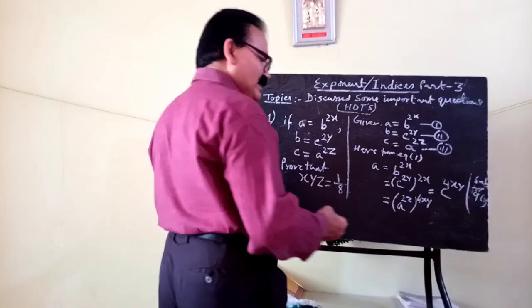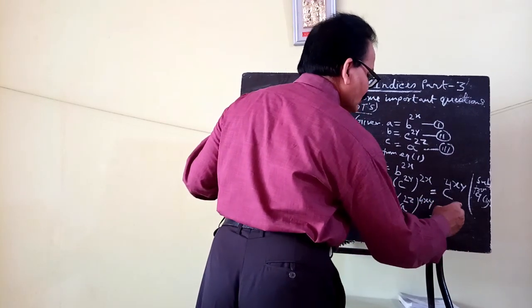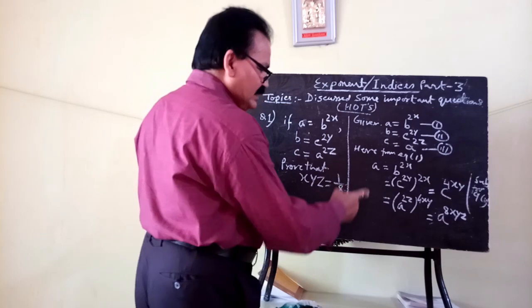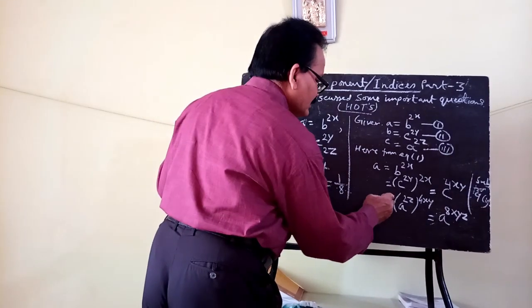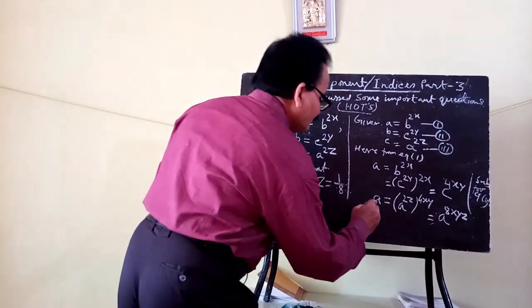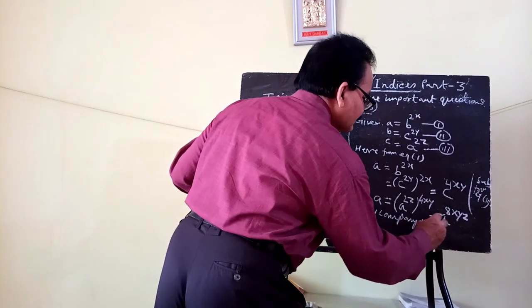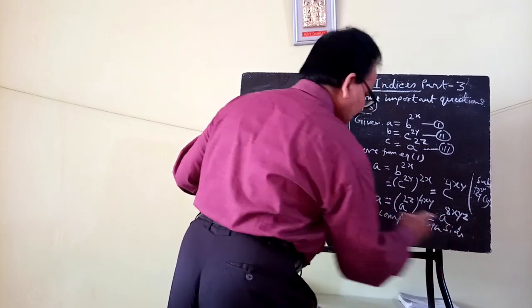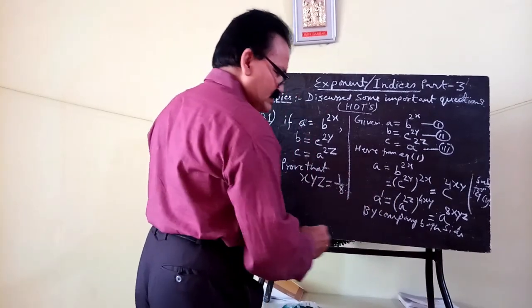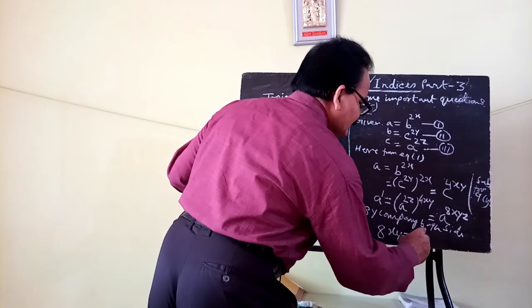Again you apply the power law. By applying the power law, this is a to the power 2z into 4xy, that is, a to the power 8xyz. And on the left side we had started from a, so a equals a to the power 8xyz. Now compare both sides. a means a to the power 1, so by comparison 8xyz must equal 1.